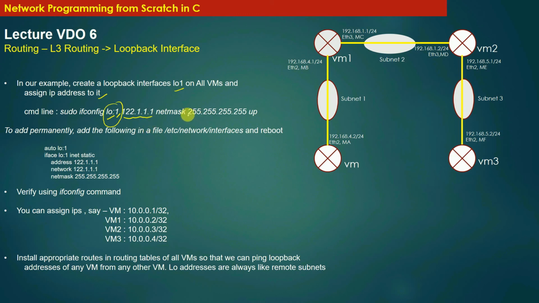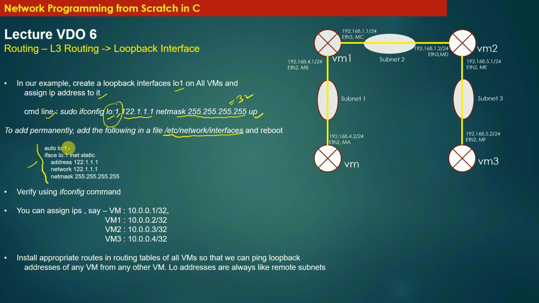and loopback interfaces always have a mask value equal to 32, and the state of the loopback interface is up. If you configure a loopback interface using the command line, on reboot this loopback interface will disappear. To permanently add the loopback interface, you have to modify the file /etc/network/interfaces and make this entry.